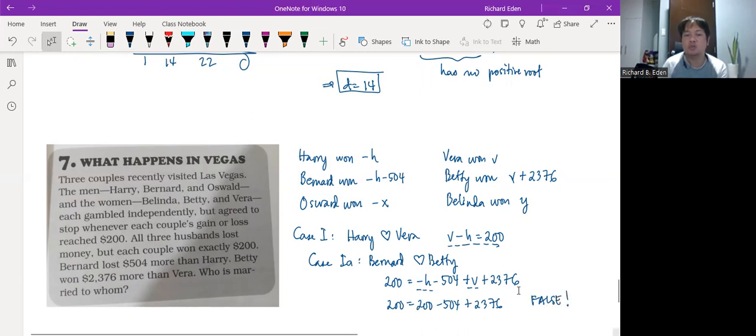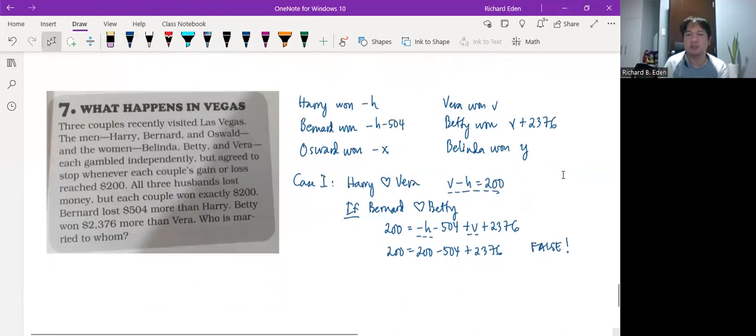Okay, which means, alam natin nung mangyayari dito, if Bernard and Betty are the couple, hindi pwede, contradiction. Therefore, it must be Bernard and Belinda, and then Oswald and Betty.